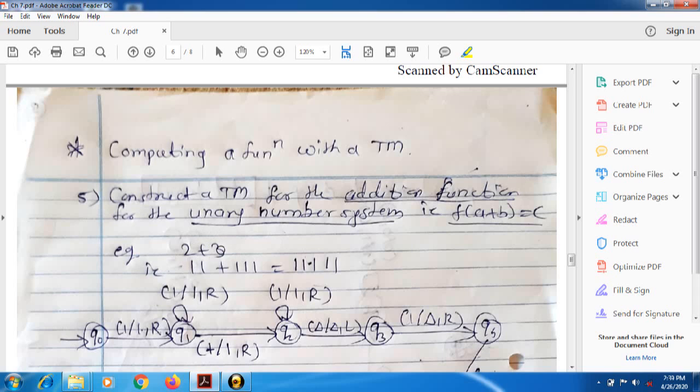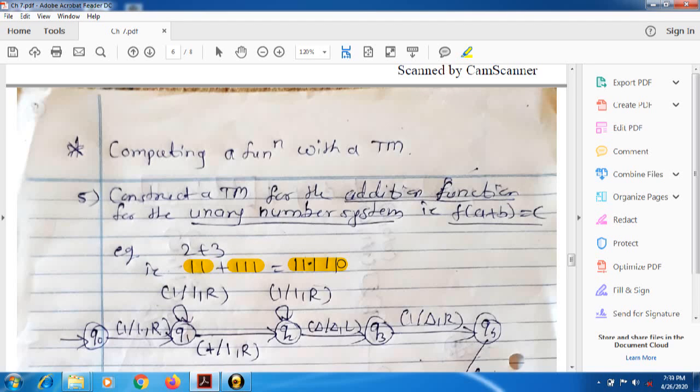Now see what I have considered as 2 or 3. I have written 2 as 2 ones and 3 as 3 continuous ones. And after adding these two values our actual answer is 5. So representing 5 I have written here 5 ones.